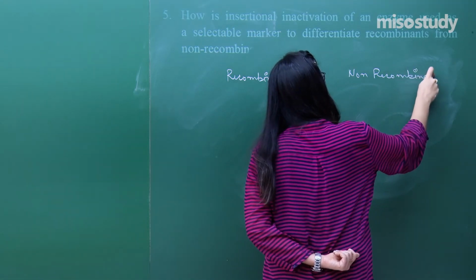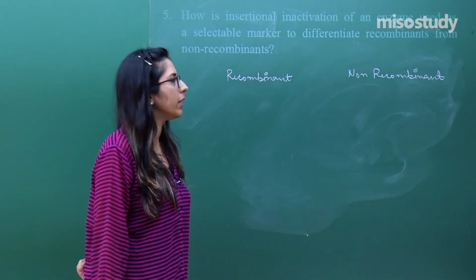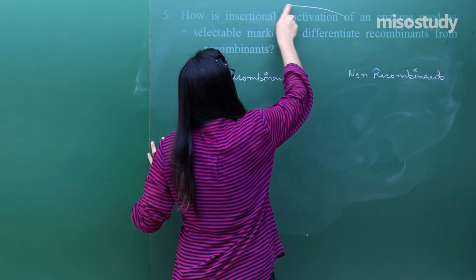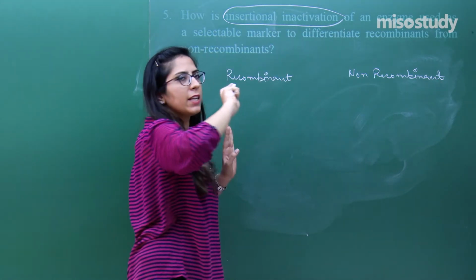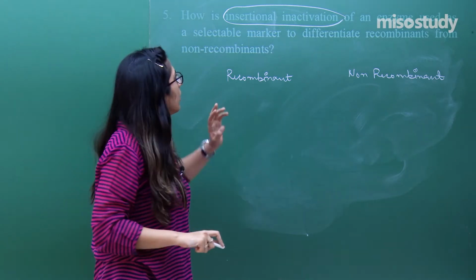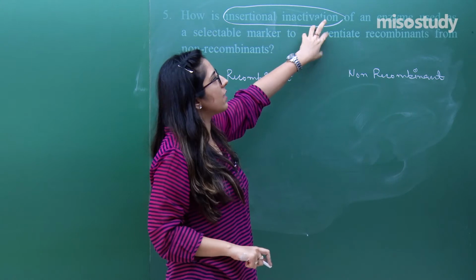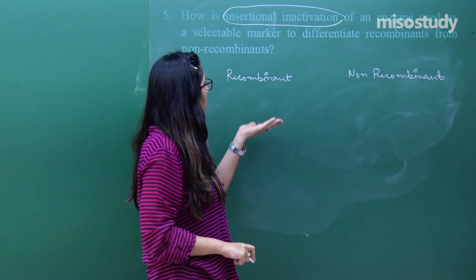If I want to distinguish among the two types of cells, the recombinant and the non-recombinant, we always go for one procedure that is called insertional inactivation. The name itself indicates insertional inactivation. That means something is inserted due to which something is inactivated. This directly means the same.